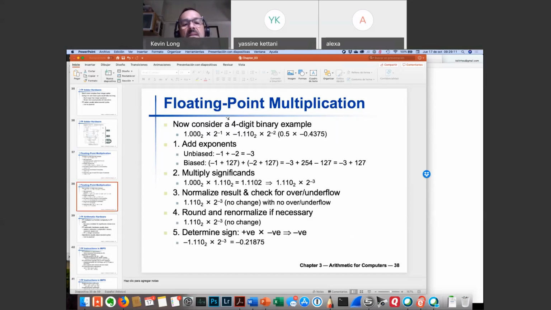If we do it with binary, it's very similar. I'm just going to add these two exponents together. The result will be times 2 to the minus third. And in bias, this is where you have to really be careful. I have -1. That biased format, when I stick it into the representation, was 128.